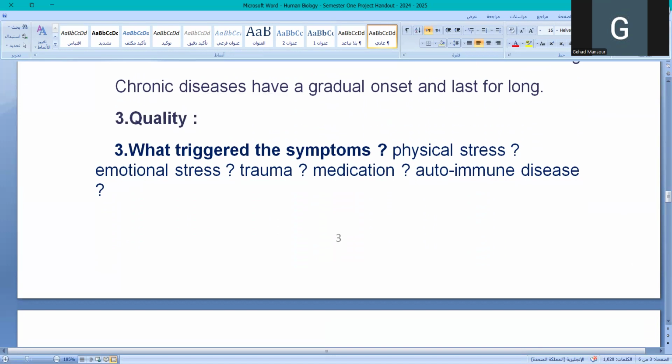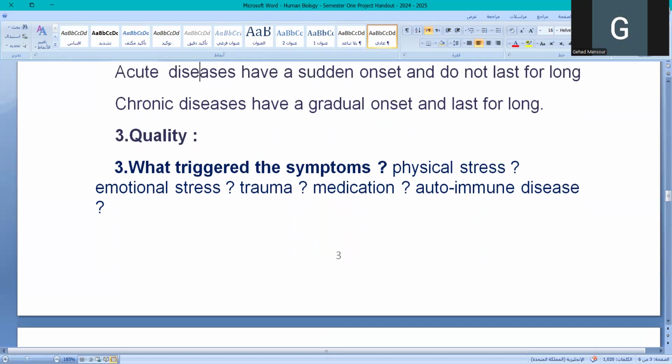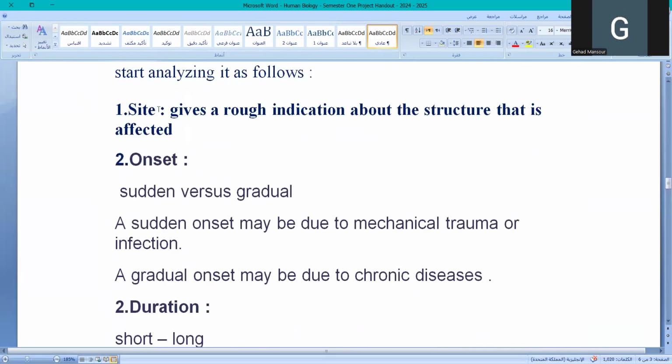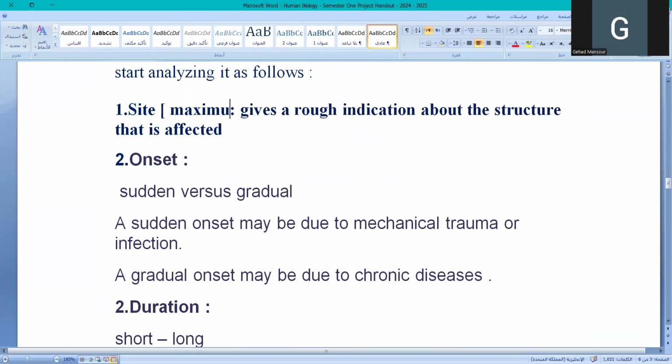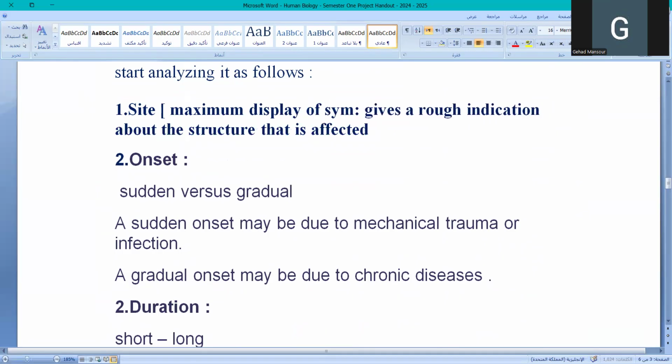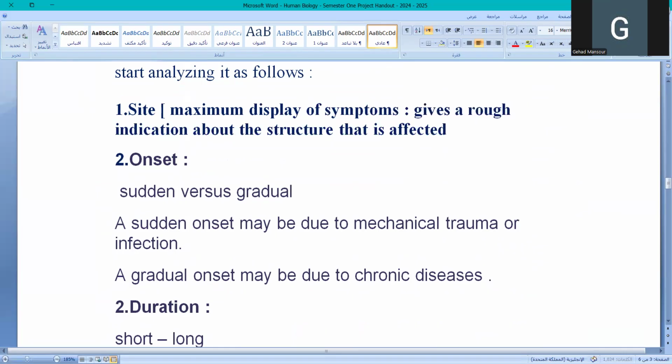So the quality of the pain, meaning that with the site, we should also have added distribution. So when we say the site, it is the site where you have the maximum display of the symptoms. For example, the pain is maximum on the quadriceps muscle.